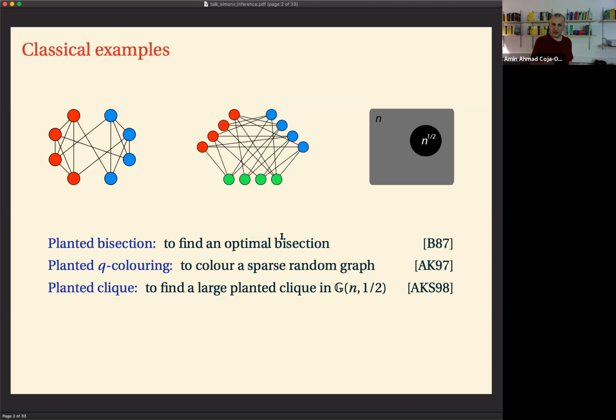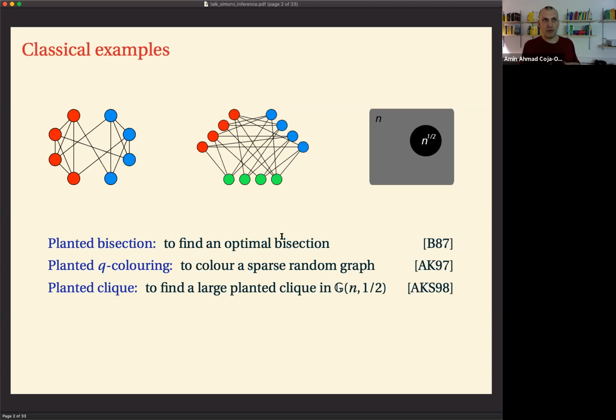And also, of course, there's the notorious planted clique problem, where you take a uniformly random graph, G(n,1/2), and then single out a number of vertices and turn them into a clique. And the problem here would be to either outright identify the clique, put your finger on where the clique is, or simply just distinguish the random graph with the planted clique from a purely random graph.